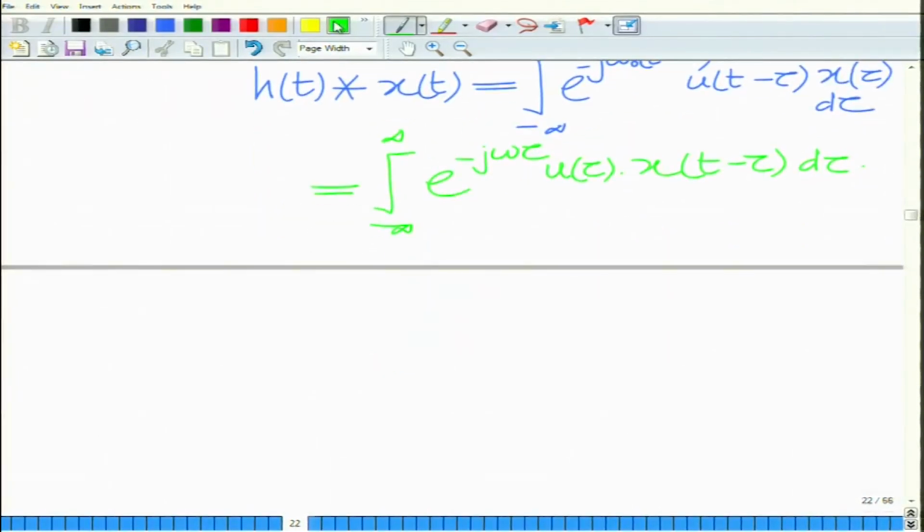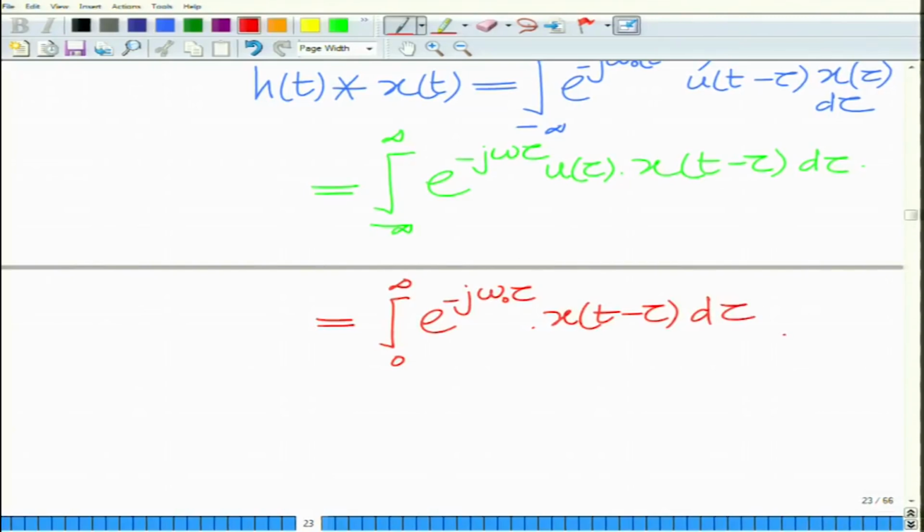Now, since u(tau) is non-zero only for tau greater than or equal to 0, this can be equivalently written as integral 0 to infinity e raised to minus j omega naught tau x(t minus tau) d tau.